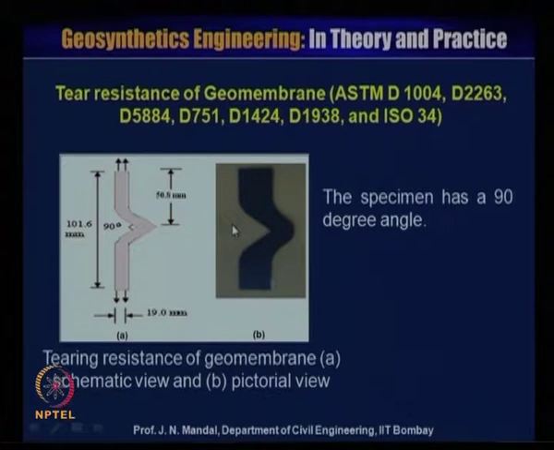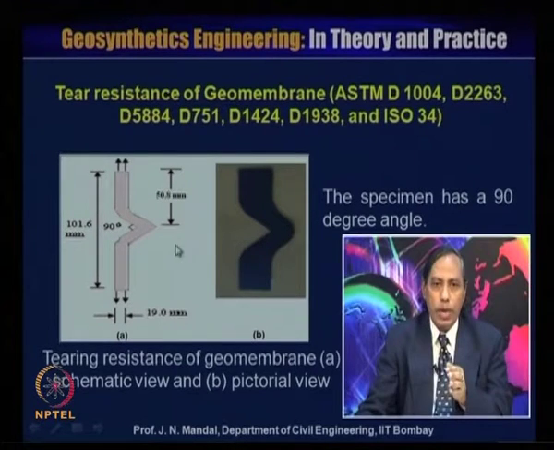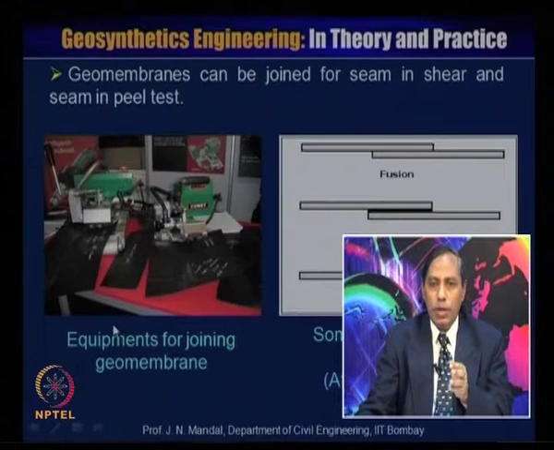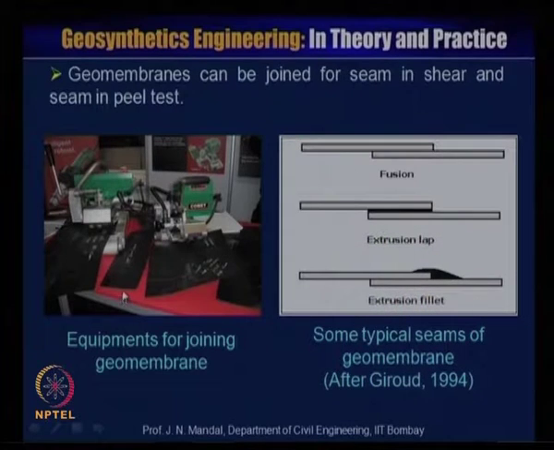This is the geomembrane and this is the 90 degree. This is 101.6 millimeter, this is 50.8 millimeter, and this width is about 19 millimeter. So, you have to put it in a universal testing machine and perform the tear resistance of geomembrane. This is also important because sometimes it may tear.